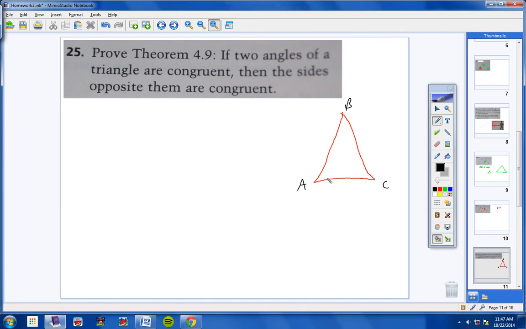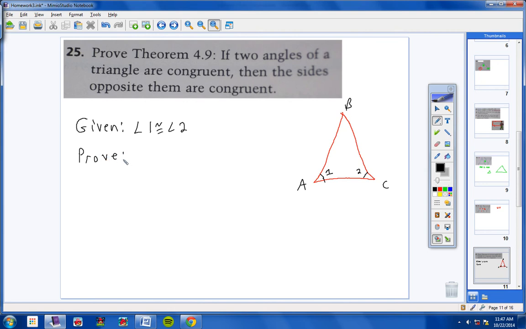And if two angles are congruent, so we're going to call this angle 1 congruent to angle 2, okay? So there we go. Now your if part is your given. So we are given two angles of a triangle are congruent. So we're given angle 1 is congruent to angle 2. Okay, now your then part is your proof part.